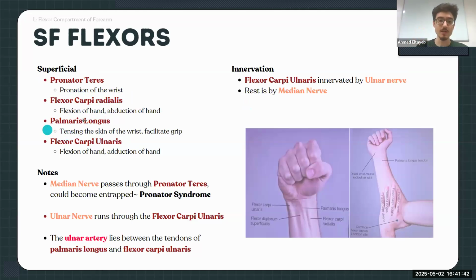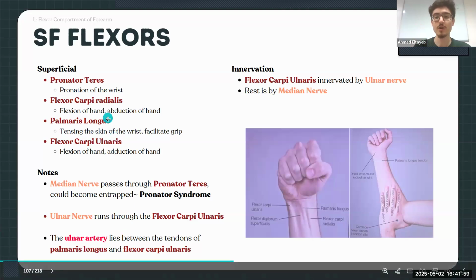And you have a muscle called palmaris longus, which is not present in everyone, only some people have it. It's essentially responsible for tensing the skin of the wrist and facilitating grip. It's very connected to the skin of the palm, and it's for gripping things. That's why, if you don't have it, it's not really a problem.